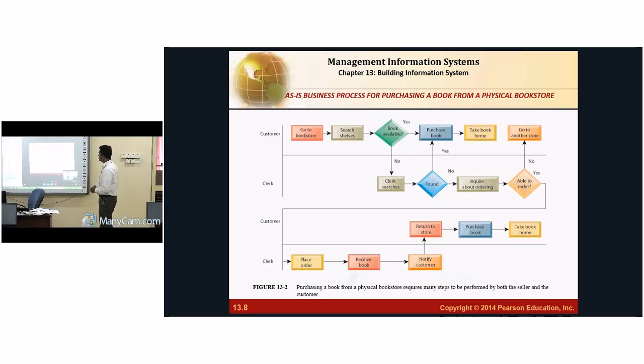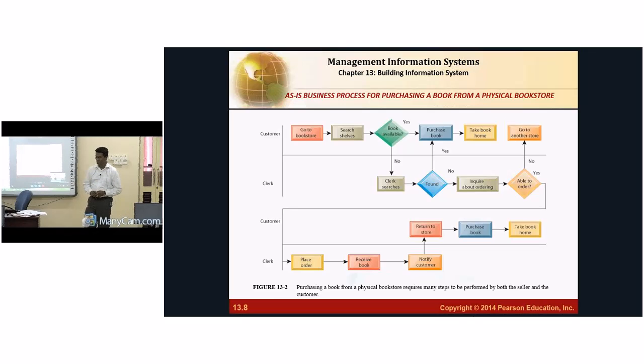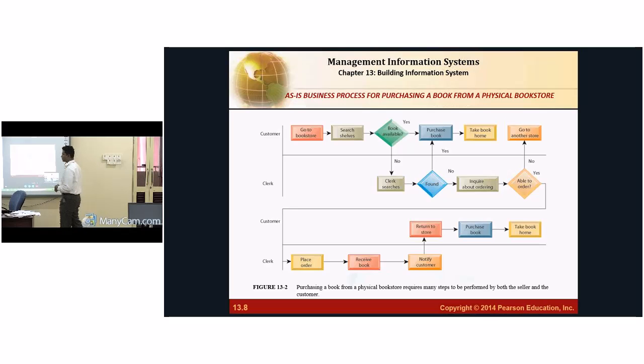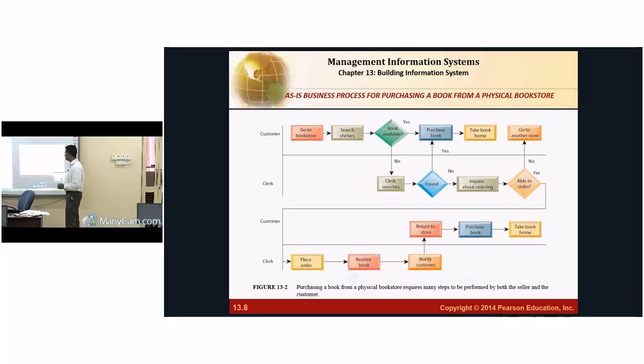So if you take the example of purchasing a book, you have customers and clerks involved in this operation, right? So if you take the process flow, the customer goes to the bookstore and searches for the book.